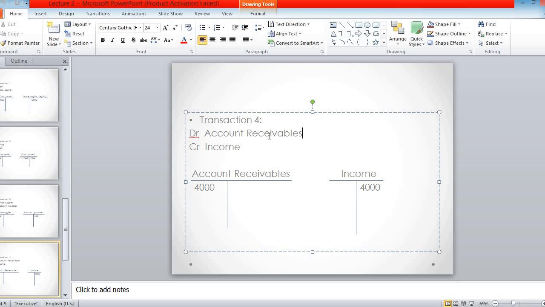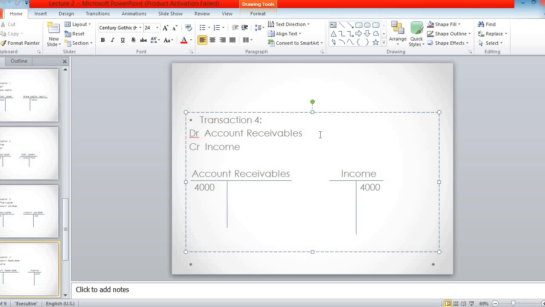So it is an asset, and an increase in asset by 4,000 is a debit entry. We write that on the left hand side. So if we provided service, our assets go up, but any other liability doesn't change, and any other asset doesn't change.